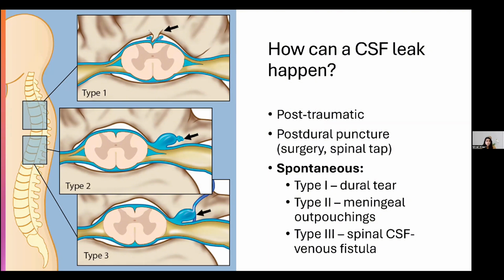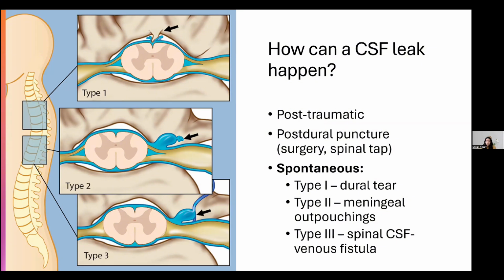Type 2 is what we consider meningeal outpouching. The meninges is another protective layer around the brain and the spinal cord. There's an outpouching. Sometimes that can also lead to a CSF leak. And then type 3 is when there's an abnormal connection between the vein that can go in near the spinal cord as well as the dura. So if there's an abnormal connection here between the spinal CSF and the vein, that can also lead to CSF leaks.